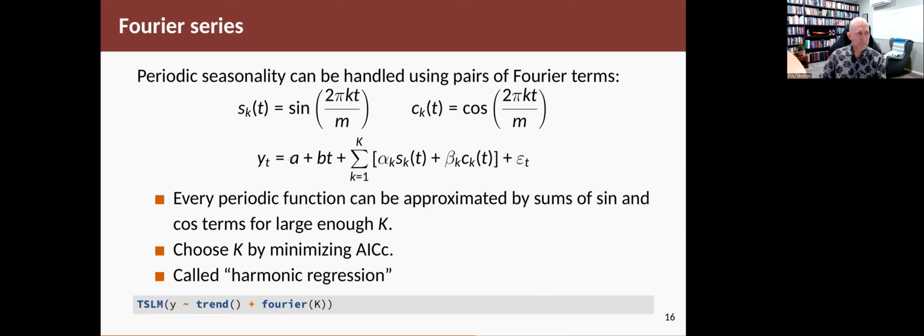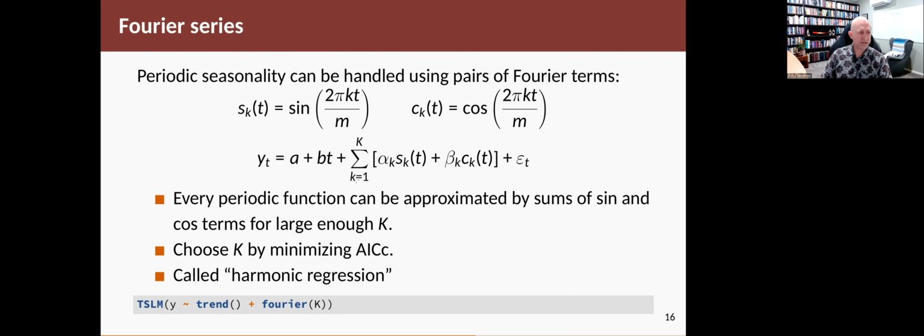So you have a sine term, which is the sine of 2 times pi times k times t on m, where m is the length of the period. So if you've got hourly data, for example, m would be 24. So the number of times you observe something before it starts to repeat. K is an index, so k begins at 1 and then increases. And then you have a pair of these. You have the corresponding cosine term as well.